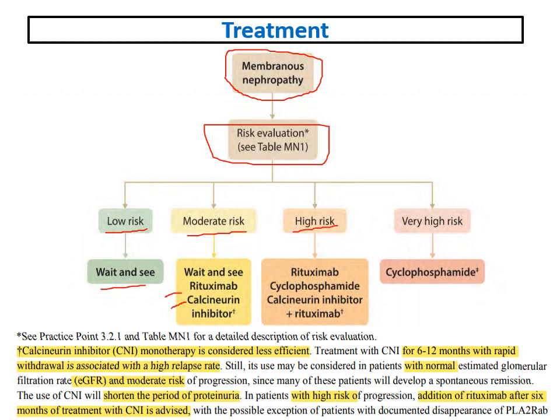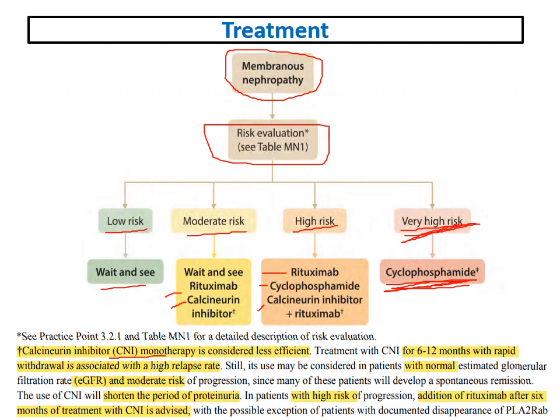In patients with high risk, options are rituximab, cyclophosphamide, or calcineurin inhibitors plus rituximab. In very high risk patients, cyclophosphamide is the option. Cyclophosphamide is the treatment of choice in very high risk patients with life-threatening complications of nephrotic syndrome and in very aggressive forms.